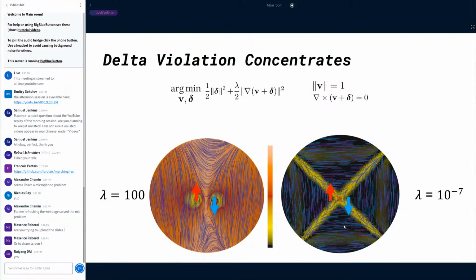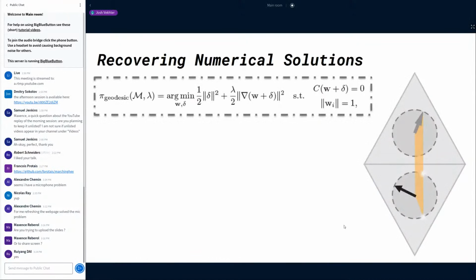Okay, so then the next thing that I wanted to talk about is how do you numerically find solutions to this? Well, it turns out that if you write things in this form, then we can do an alternating minimization to first solve for delta, and it's a convex problem to solve for delta, the way that things are written down.